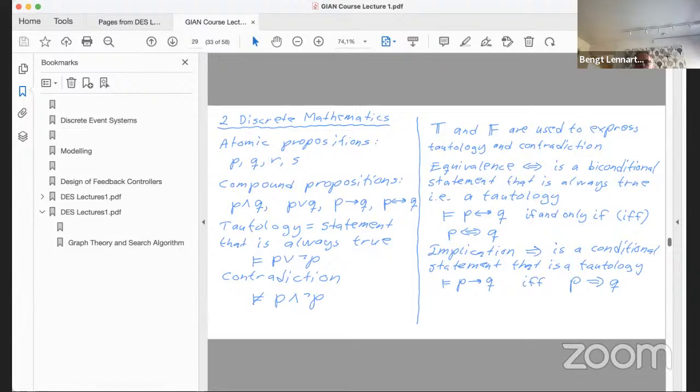But that could also be said as this biconditional statement is always true, which means if and only if. In the literature, quite often, this type of arrow is also used for the biconditional statement, which, remember, is a logical statement that can be true or false.